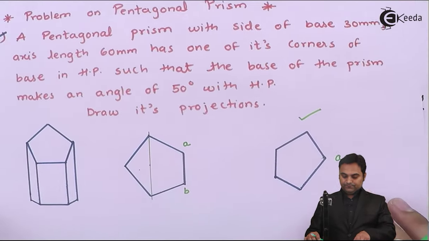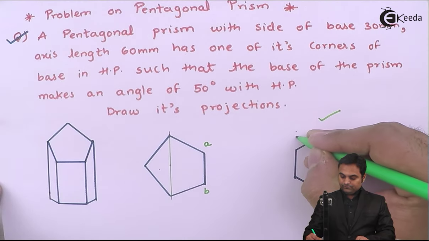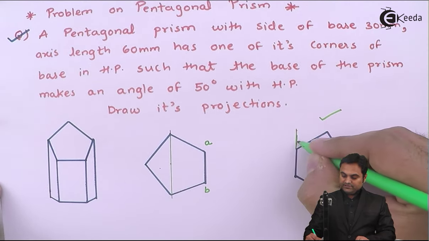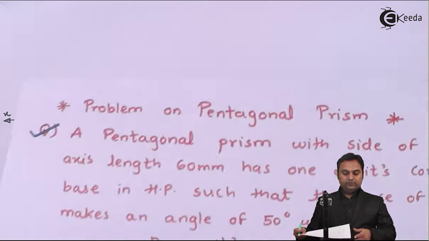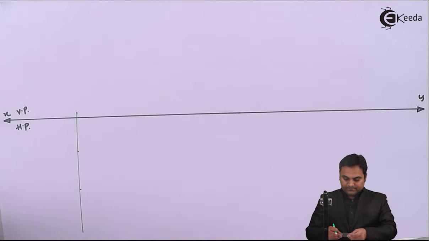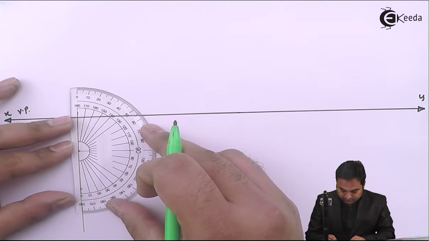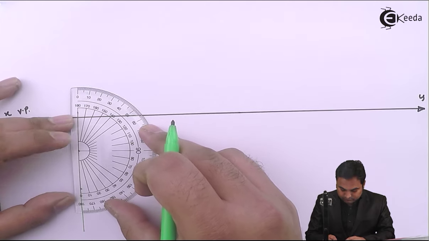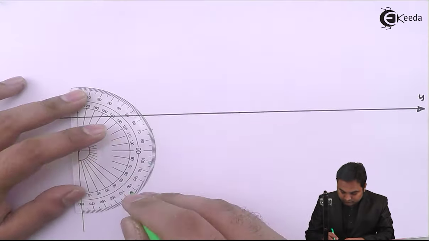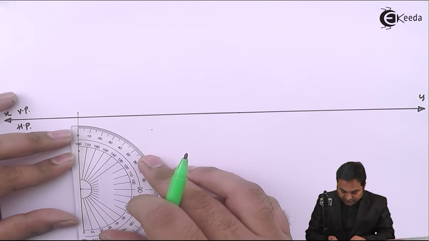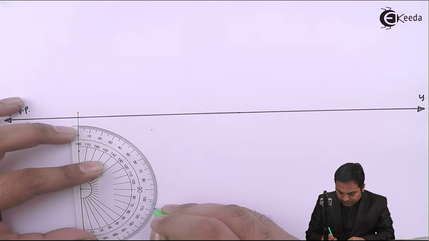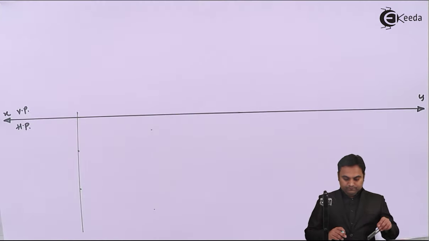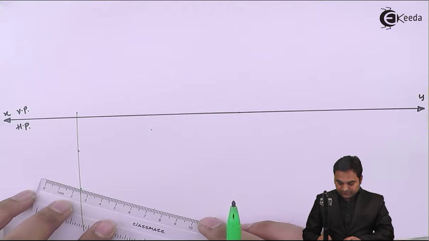It means here this edge is making an angle of 72 degree on one side. Similarly, this edge will also make an angle of 72 degree. In that way we are going to draw the pentagon. Measuring 72 from the other side as well. Then drawing the light projection here.